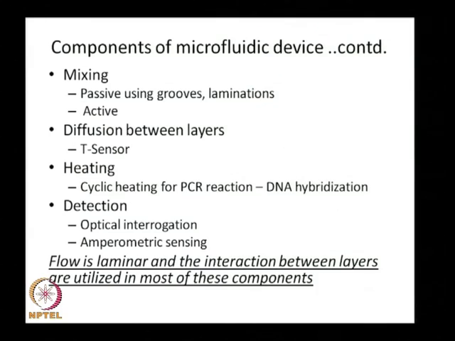You will have laminar flow, there will not be any turbulent flow inside the channel, and laminar flow means one layer is sliding against the other, and the diffusion between the layers, that you will try to utilize in many of these operations.